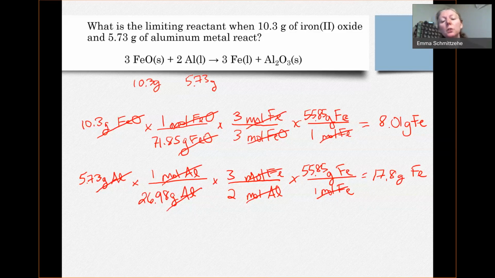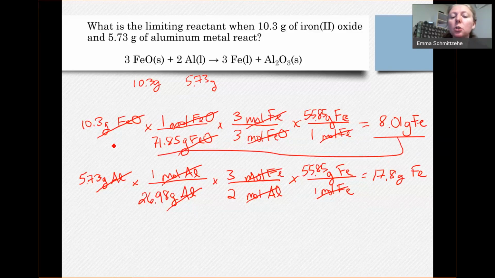But each of those calculations is only true if I actually have enough of the other thing. And so all you need to do is look at which one produces the least. So 8.01 is less, meaning your iron(II) oxide is your limiting reactant.